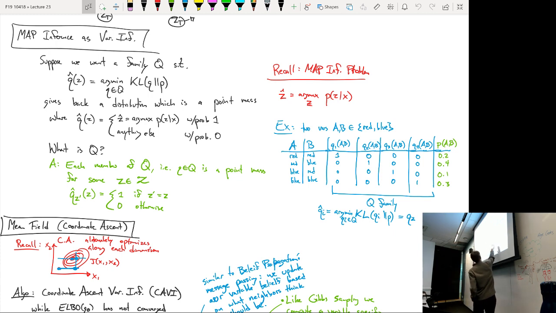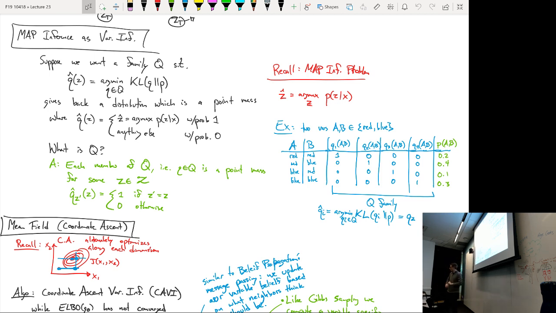If we solve this KL divergence problem, which is what variational inference solves, then what we're saying is, find me the Q distribution in our family of Qs that minimizes the KL divergence between Q and P. So which of these 4 minimizes KL divergence? Well, in this case, you can exactly compute the KL divergence for each one of these, and what we would find is that the KL divergence is minimized with Q2.